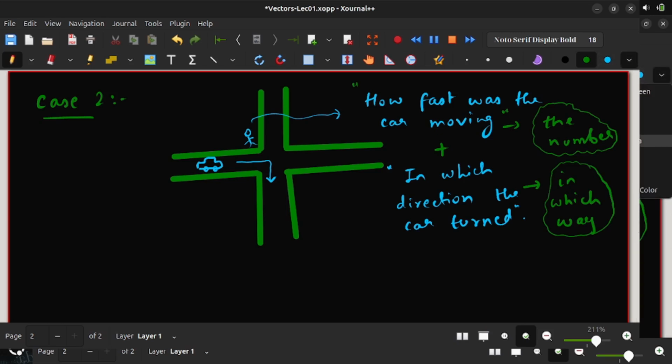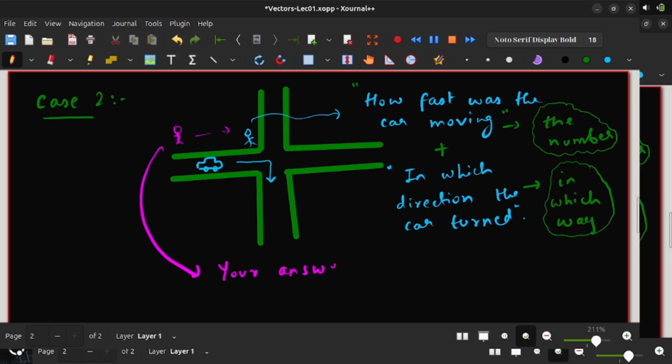So now the policeman comes and asks, in which direction was he moving, do you know? And how fast was he moving, do you know? Your answer could be something like this. Let's say this is north and this is west, this is east, and this is south.